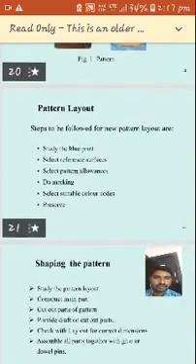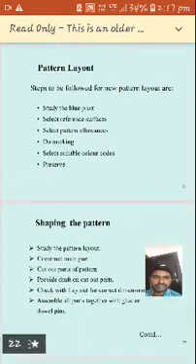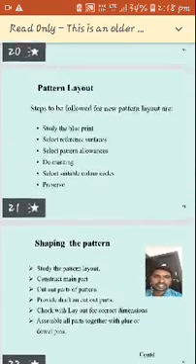The steps for a new pattern layout are: study the blueprint, select the reference surfaces, select the pattern allowances and do marking, select the suitable color codes, and preserve it. That is the pattern layout.